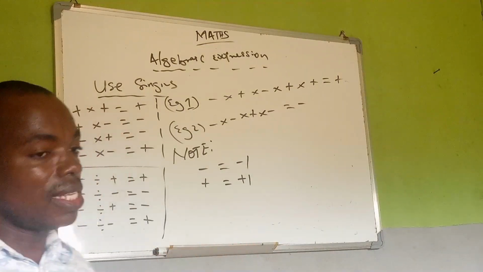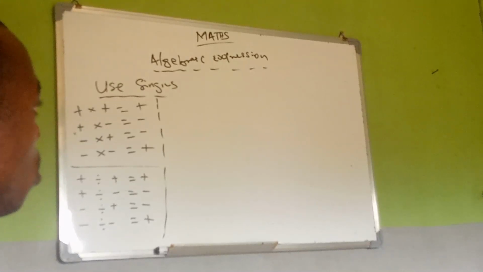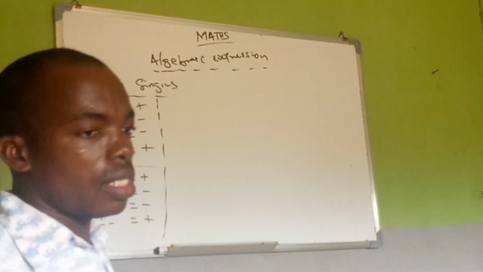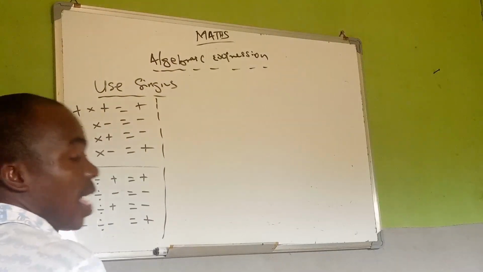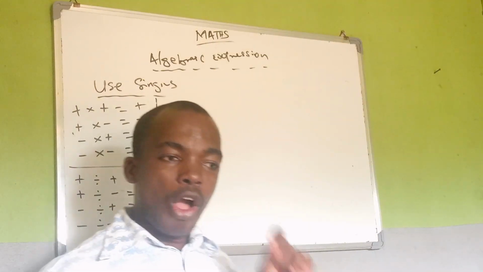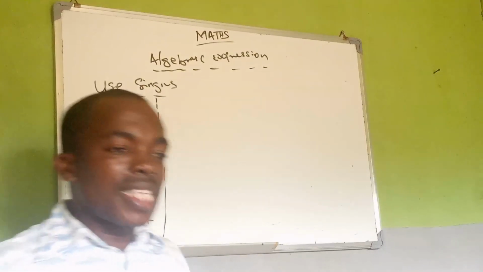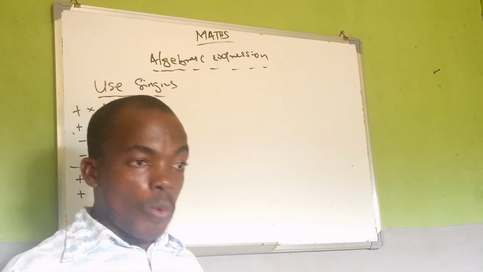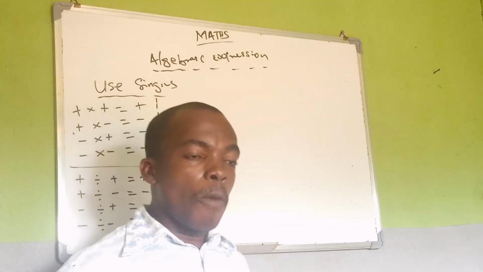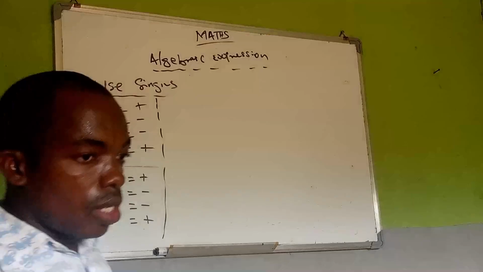Do you understand? So these are the things that make people fail mathematics. They say math is hard, but math is not hard. It's very simple. Let's look at how these things are applied in mathematics. If a sign is standing on its own, it means it has 1. So when it is 1, we just write only the sign. But from 2 and above, we come with the number.